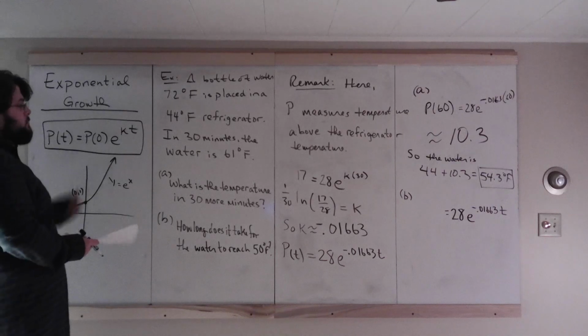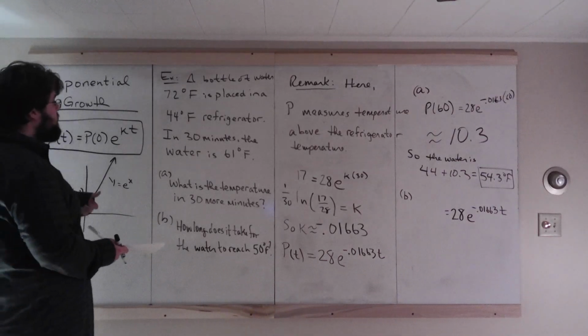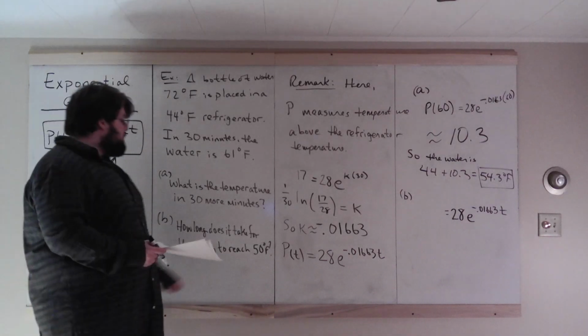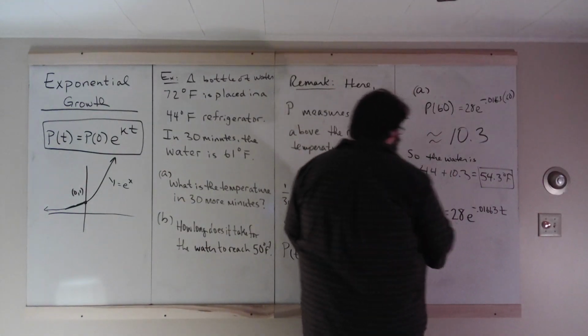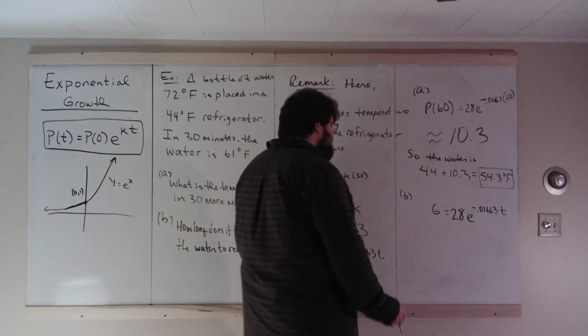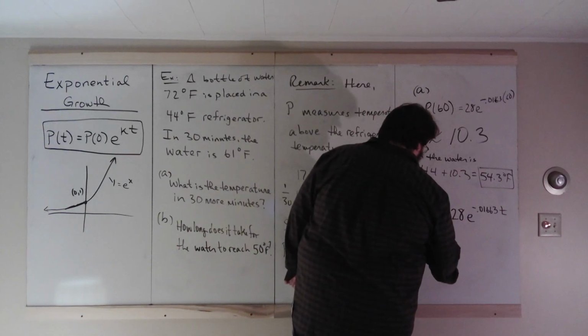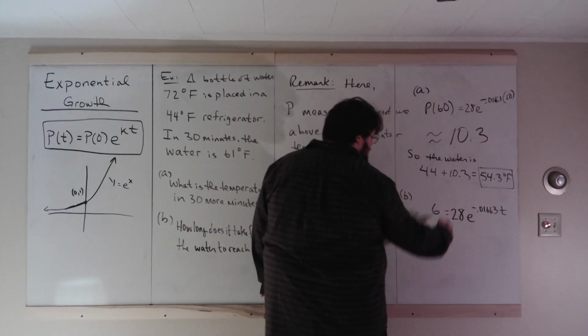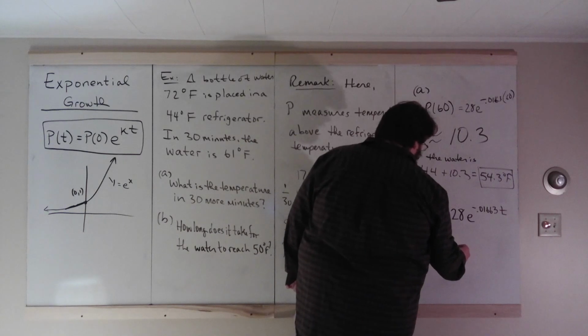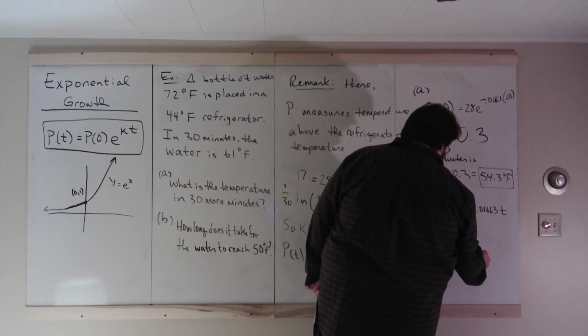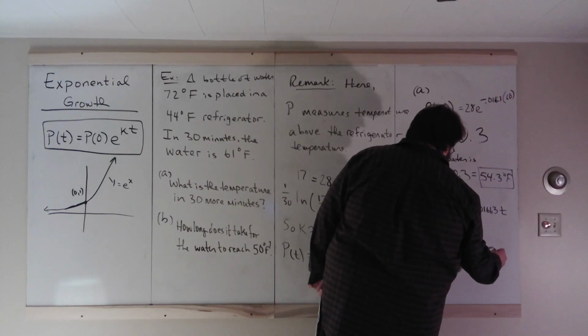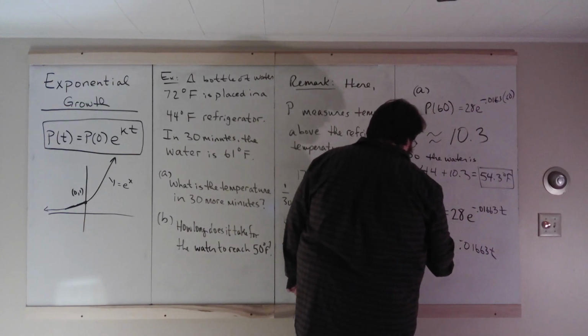Remember, P measures the temperature above fridge temperature. 50 is 6 above 44. So we would want to solve this equation for T. You get 3/14, reducing that fraction, equals e to the negative 0.01663t.